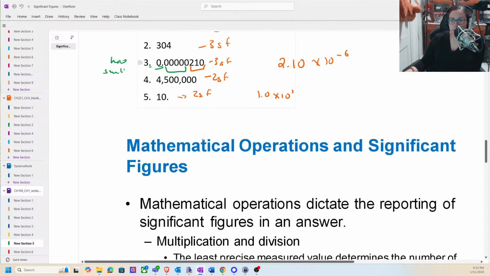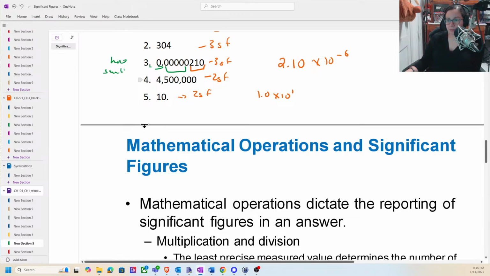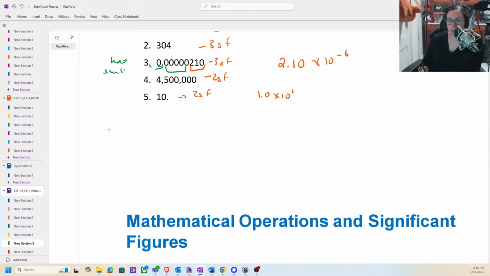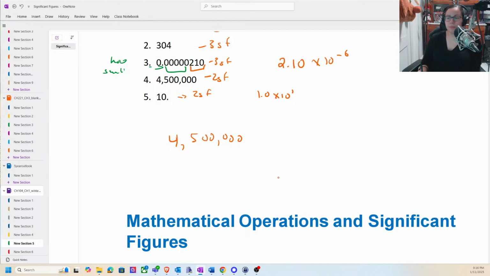Other caveats, let's say on number 4, you wanted to show that it was accurate to a different place. That's again where your scientific notation will be helpful. So for instance, let's say we're working with 4,500,000. And let's just say we could actually record it accurately to the thousands.